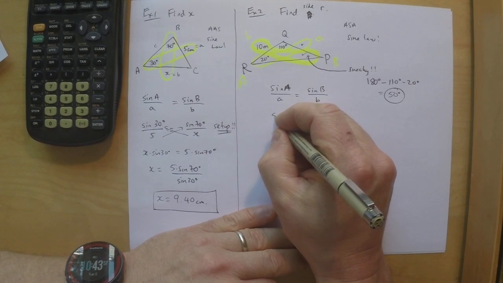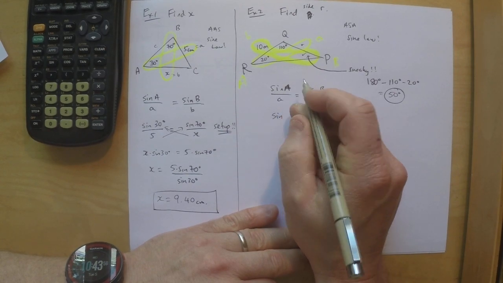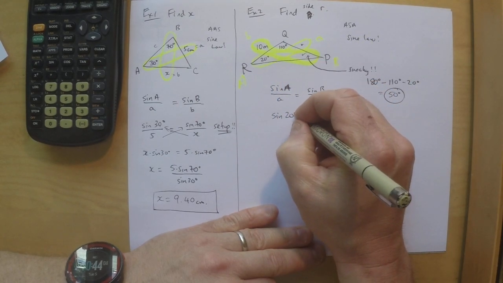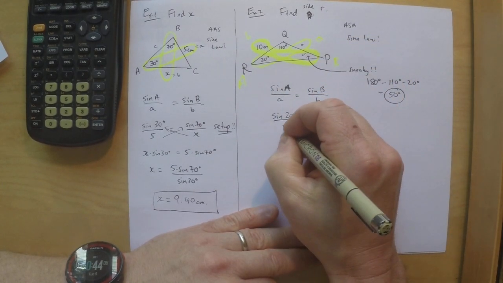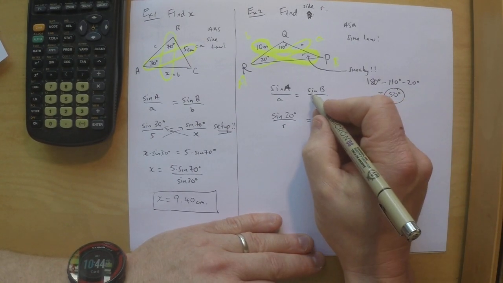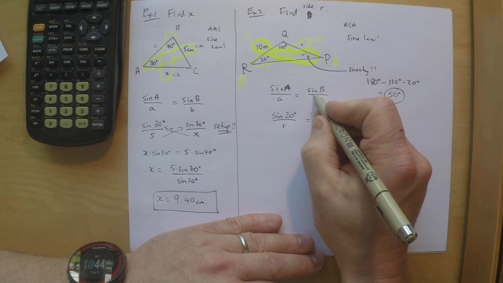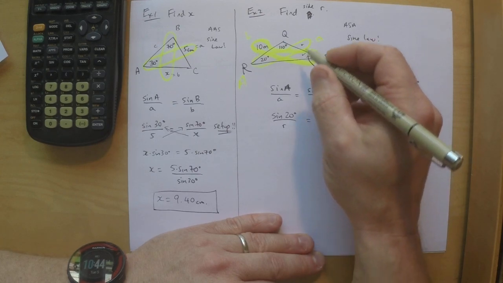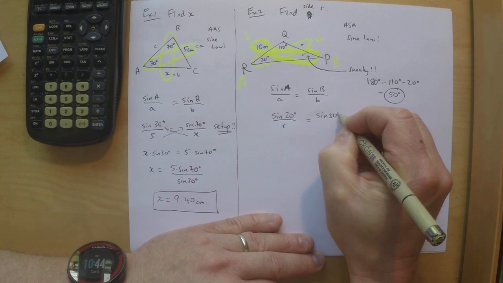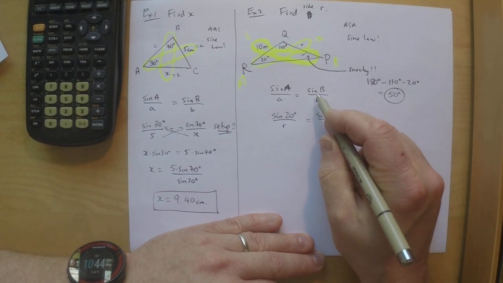So then I'll go back to my formula and I'll type in, okay, sine of angle A, what's angle A? Angle A is in this case 20, the way we label it. Little a is r. And sine B, little b is the 50. And little b is 10.